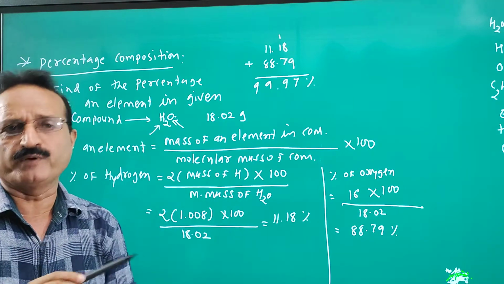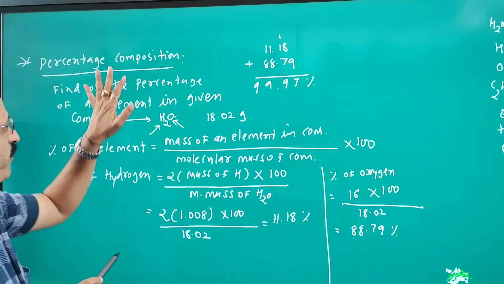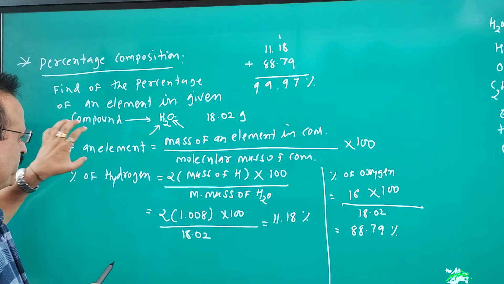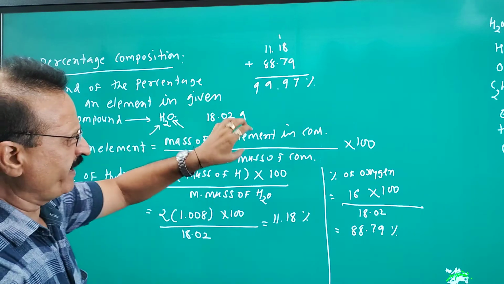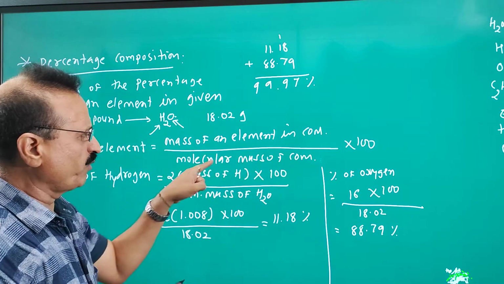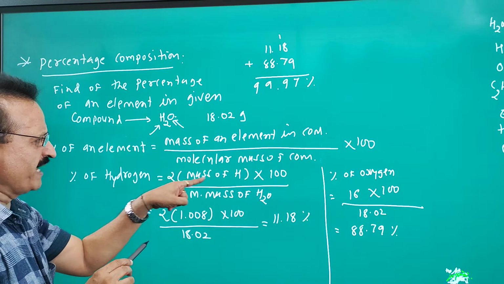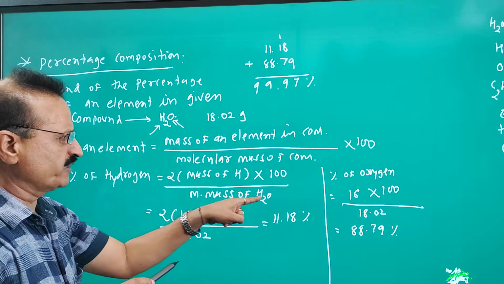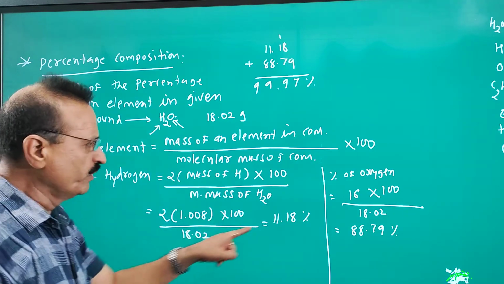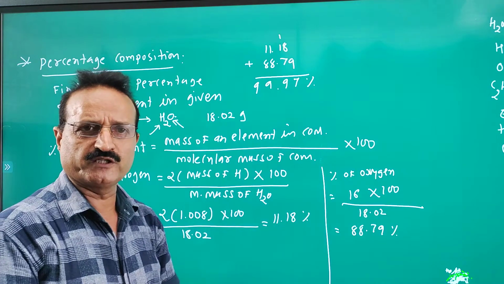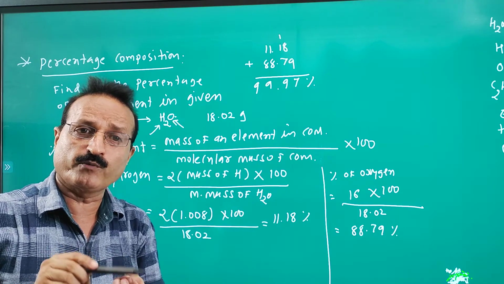This example is calculated in your textbook, so you follow this formula. To get the percentage of an element in the compound, you take the mass of the element in the compound into 100 upon the molecular mass of the compound. In H2O there are 2 hydrogen, so 2 into the mass of hydrogen into 100 upon the molecular mass of H2O. Then 2 into 1.008 into 100 upon 18.02 gives 11.18%. So in H2O, the percentage of hydrogen is 11.18.